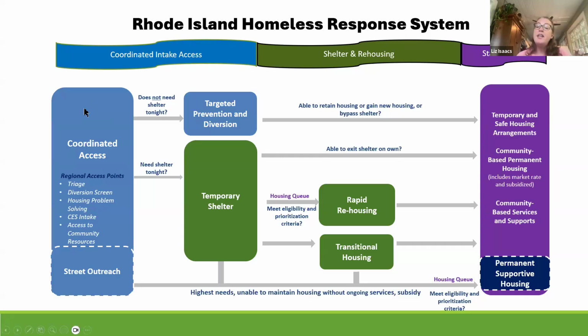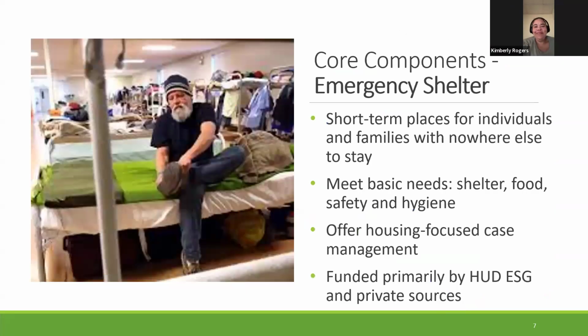There is coordinated entry for survivors as well. So we always want to make sure that survivors have the option of either entering through the DV system or entering through the main coordinated access system. Okay. Thank you. Of course.